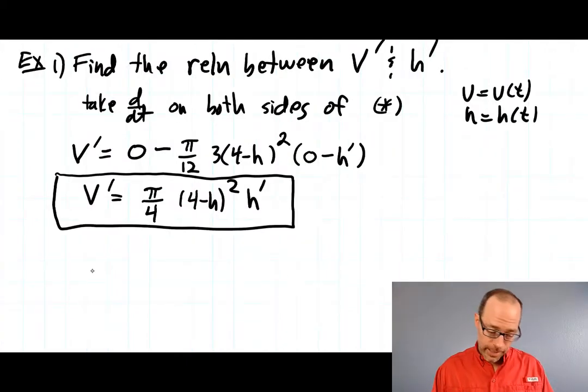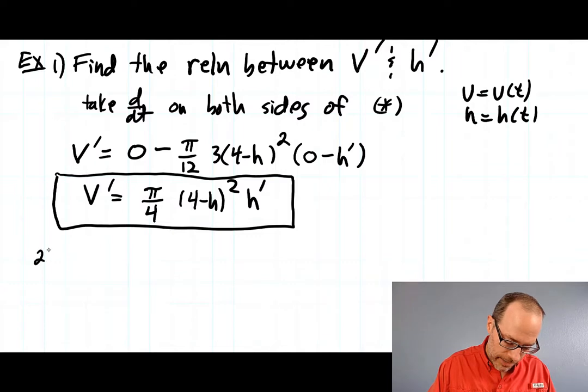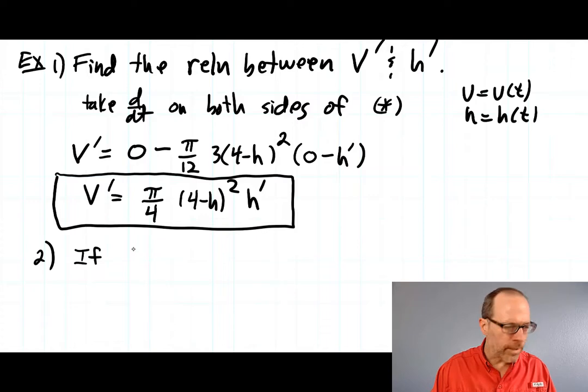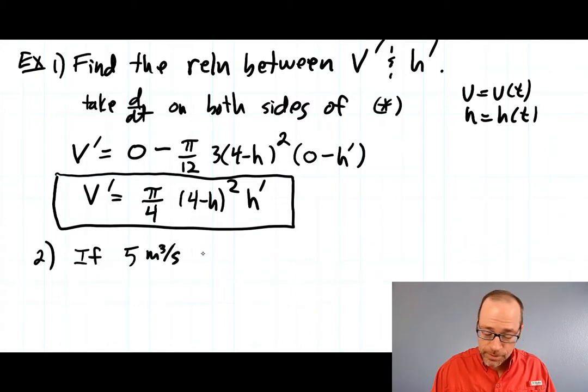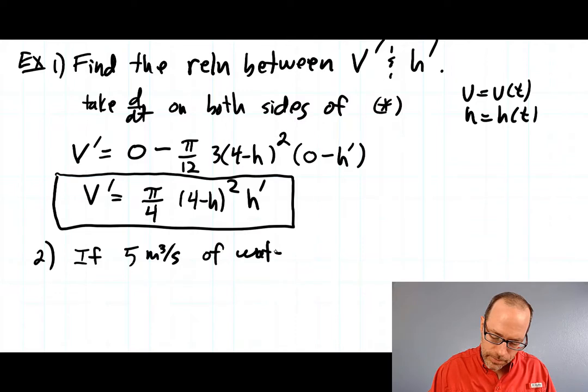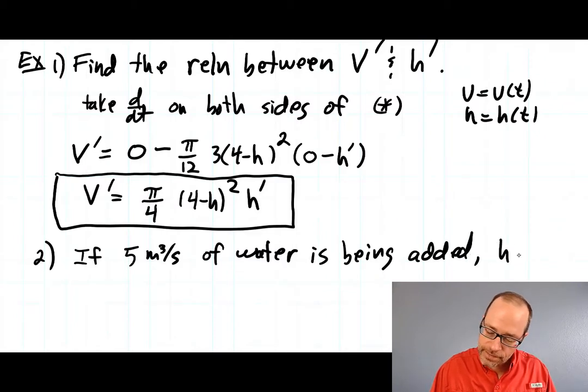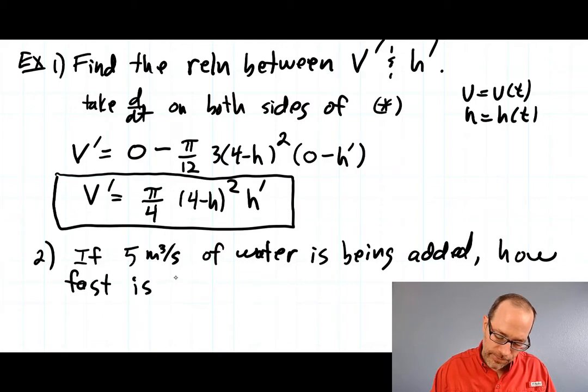All right, the second type of problem that they can ask would go something like this. If, what number did I pick? 5 cubic meters per second. If 5 cubic meters of water were being poured in per second, how fast is H changing?